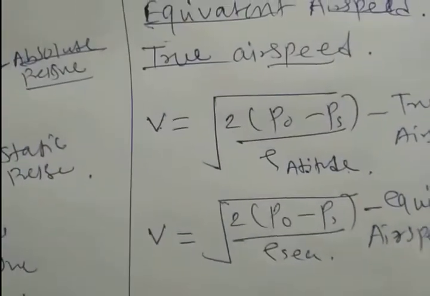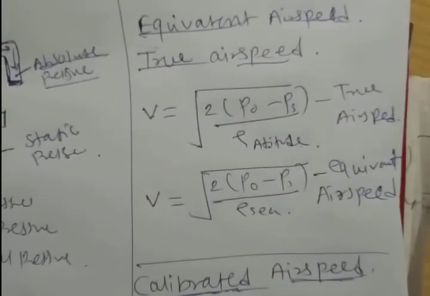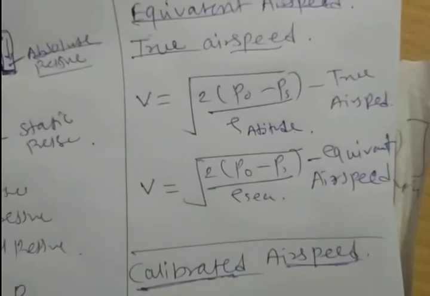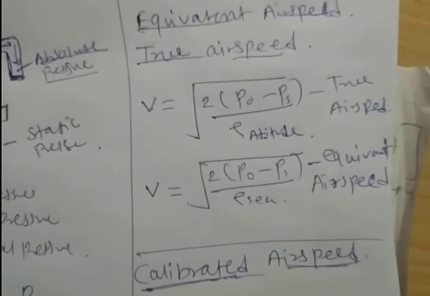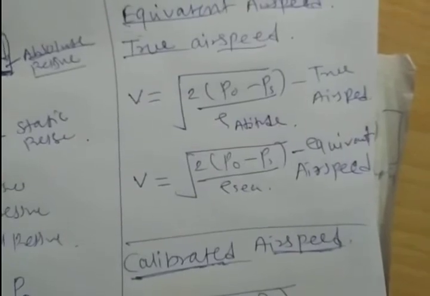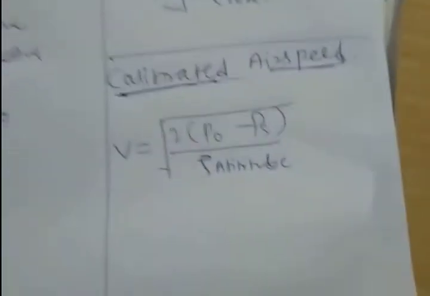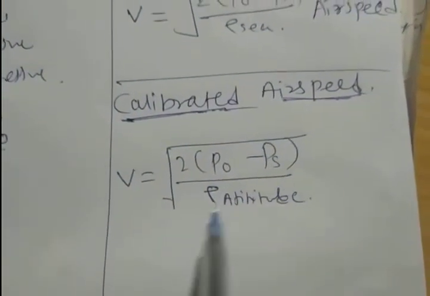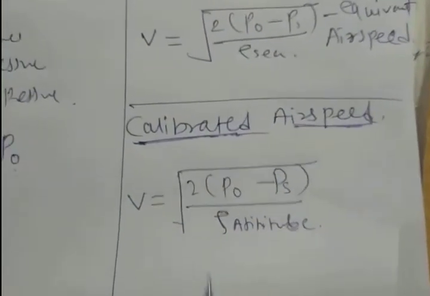What is calibrated airspeed? This is the same as equivalent airspeed, with a little difference. So V will be equal to the square root of 2 (P naught minus PS) by rho at altitude, or the local density.